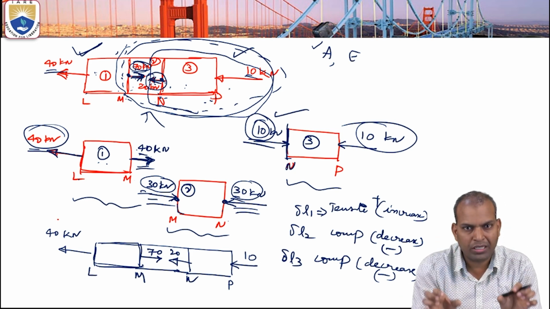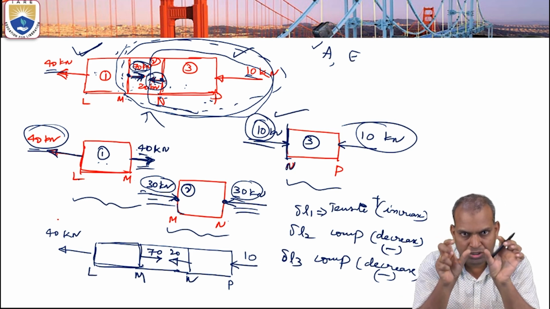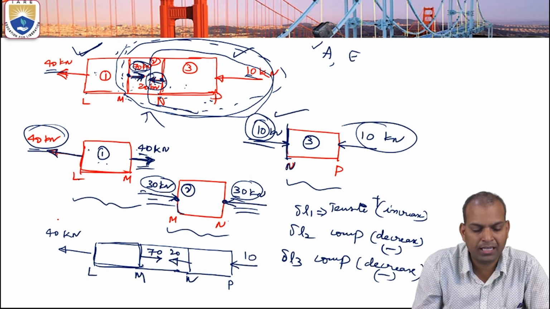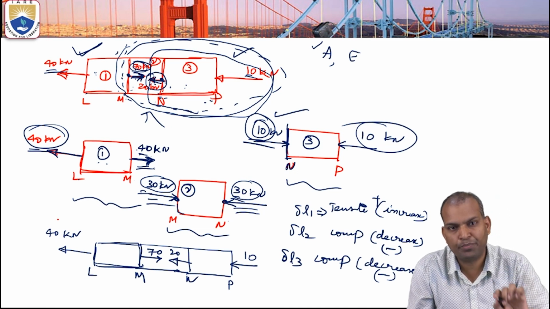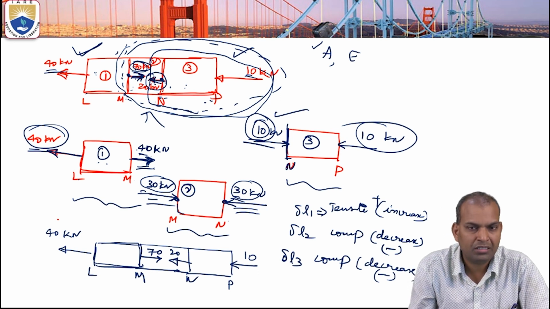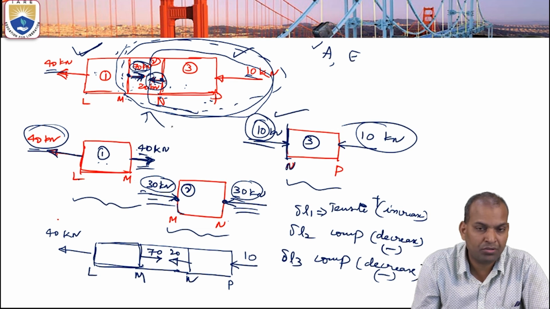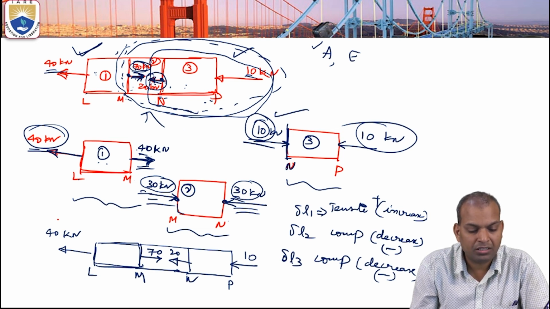When we disassemble each individual section, it is 40 kilonewtons tensile on section 1, 30 kilonewtons compressive load on section 2, and 10 kilonewtons compressive load on section 3, in such a way that the three sections are in equilibrium.